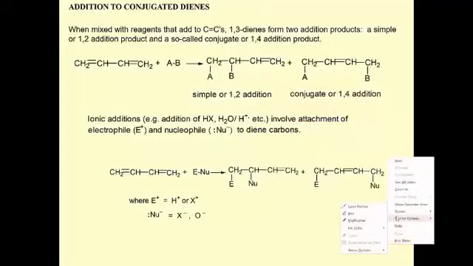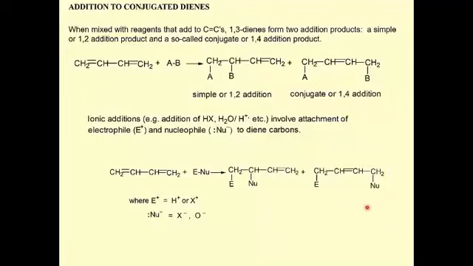Okay. Here we are at the PowerPoint slides. The title of our discussion here: Addition to Conjugated Dienes. It's a general rule that when you have a conjugated diene and you mix with it an adding reagent, you'll get two addition products corresponding to what we showed before, a simple or 1,2 addition, and the second product, conjugate or 1,4 addition.